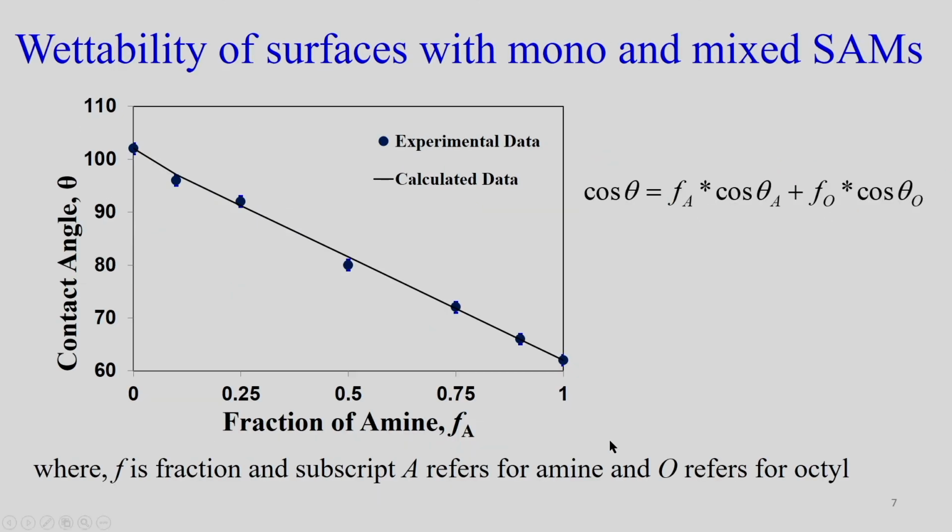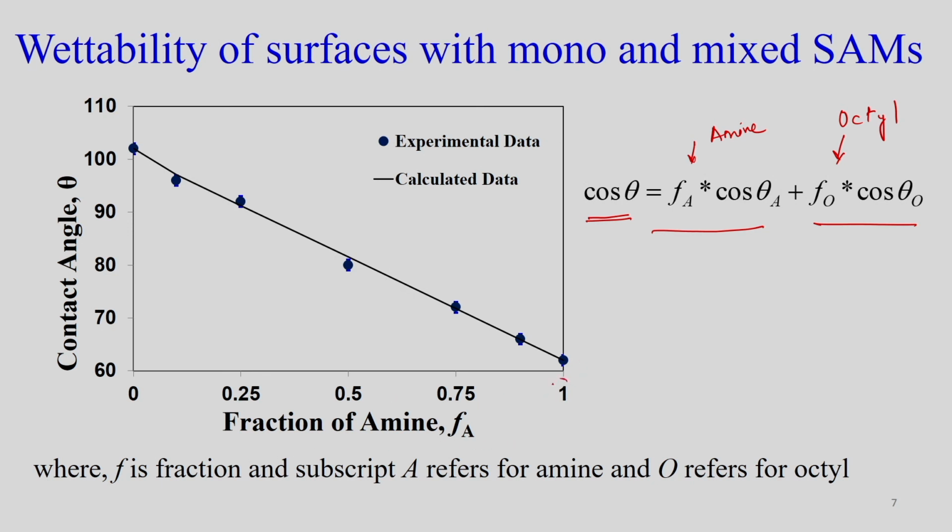As I was saying, the total surface energy is a function of the surface energy of A, meaning the amine group, and O, meaning the octyl group. Fa is the fraction of amine group present on the surface and Fo is the fraction of octyl group present. Here we are increasing the fraction of amine.